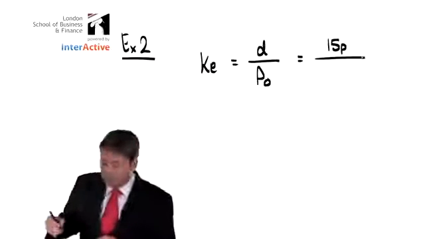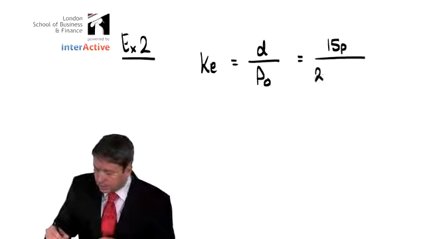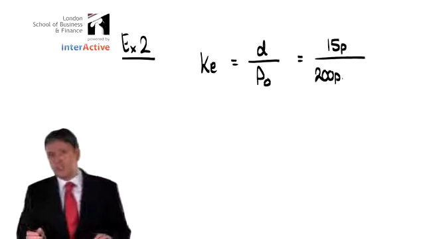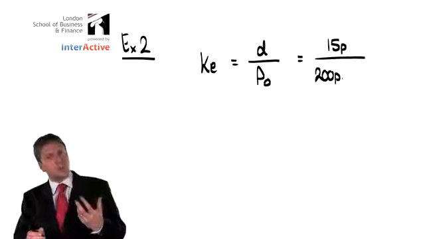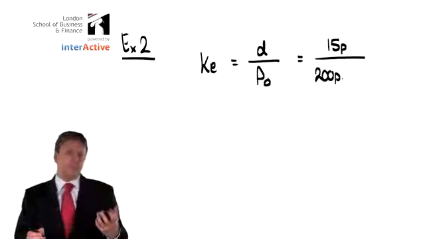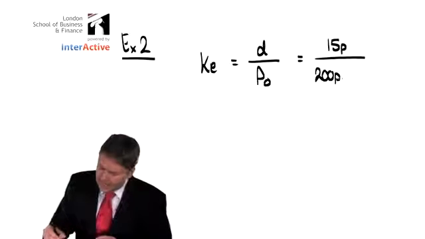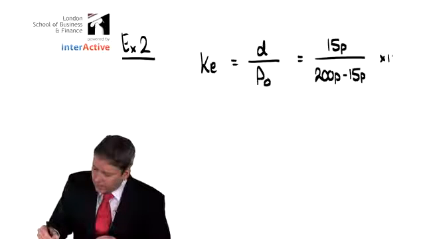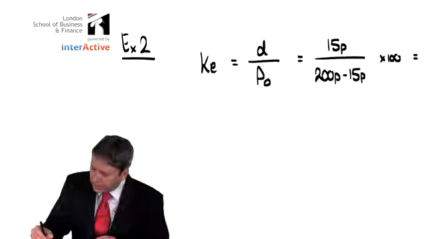And we divide through by the price. Well, the price is 200p. But remember, because the dividend is about to be paid, we would describe that as cum div. To get it ex-div, we take away one dividend. Once we've done that, we multiply by 100, and hey presto, abracadabra, we get something like 8.1%.